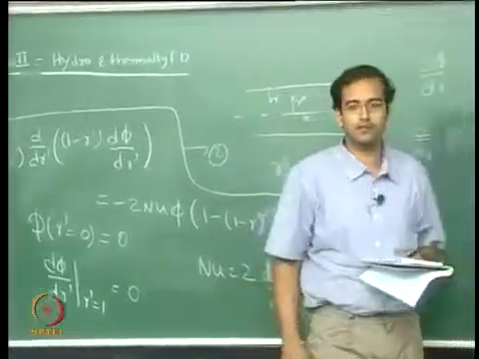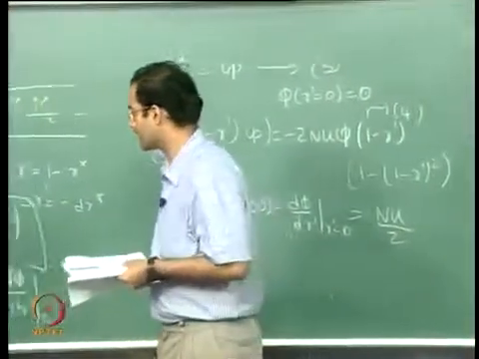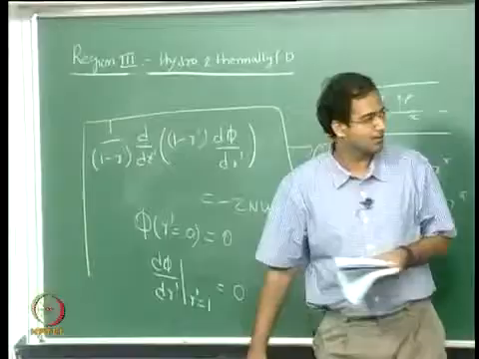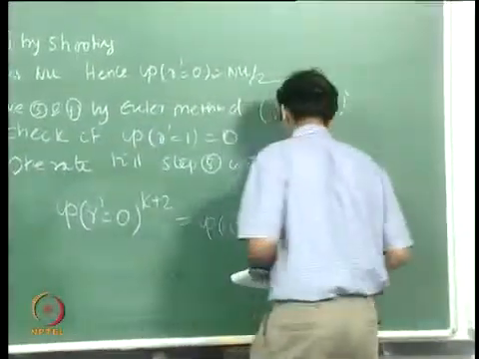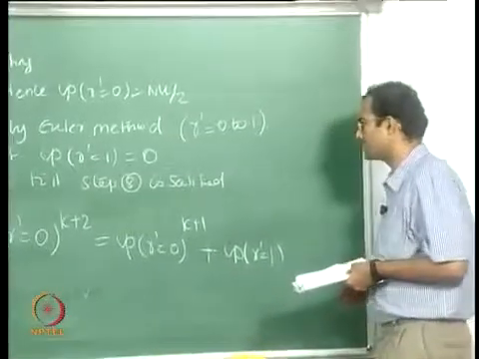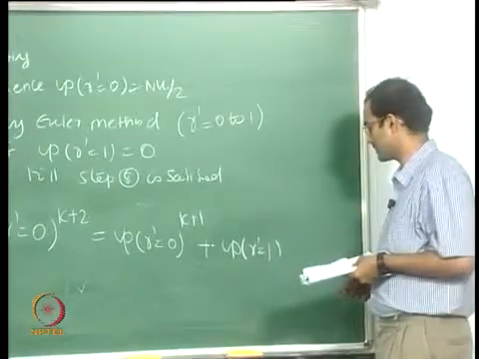Your f of x is anyway 0, so psi at r prime equal to 1 should be equal to 0. So this numerator is completely absent, so I think using Newton's method here may not be that beneficial.